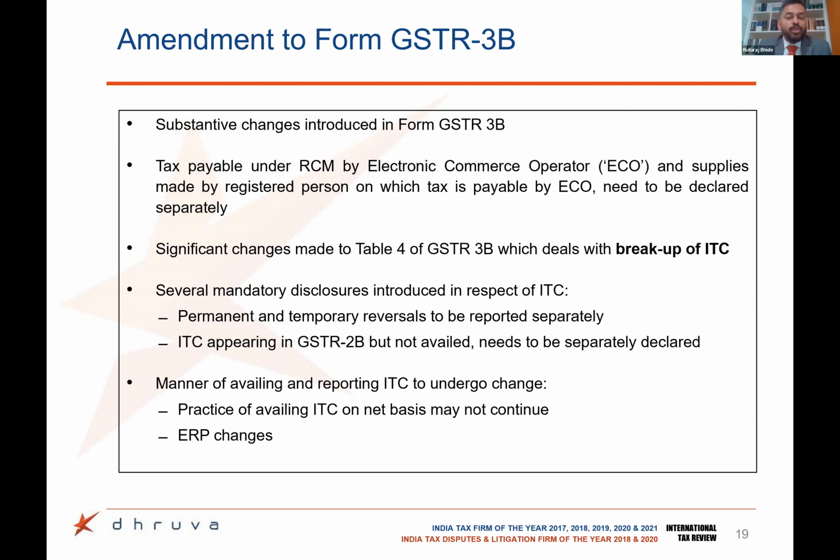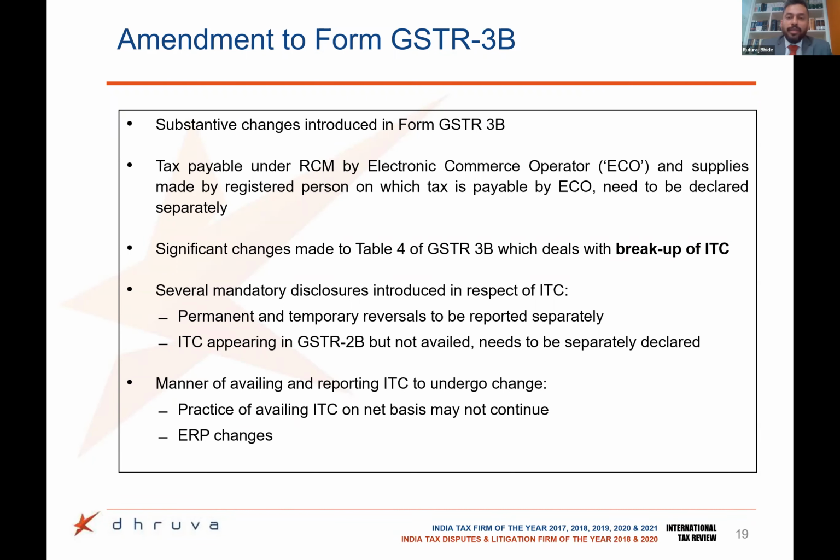And then there are credits which you reverse and then re-avail. For example, when you reverse credit for non-payment to a vendor within 180 days, and then reclaim this credit once you make the payment, these could be termed temporary reversals, which are to be reported separately. These changes will have a significant impact on the way in which we report credit.